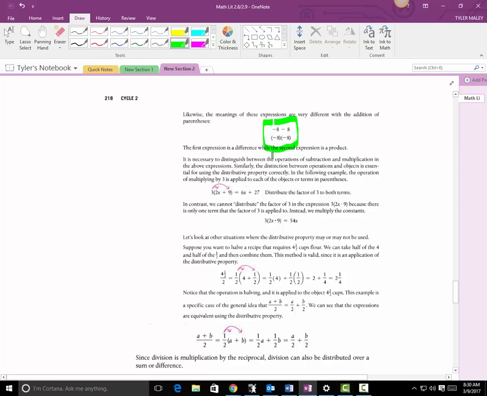And sometimes parentheses aren't so important. Like if I have 4 plus -2, and if I had 4 plus -2 in parentheses, these mean the same thing. A lot of times when we look at negative numbers, some people like to put parentheses around it just to emphasize that this sign goes with the 2. That's perfectly fine.